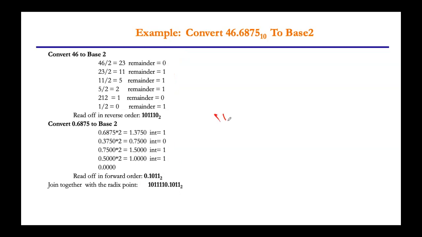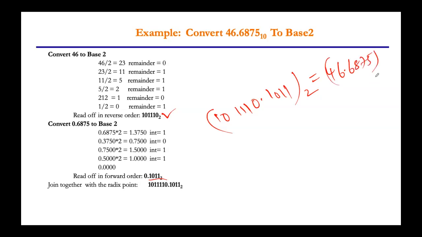Then the combination of the integer part, 101110, dot, the fractional part 1011, is the binary form which is equivalent to 46.6875 in base 10.